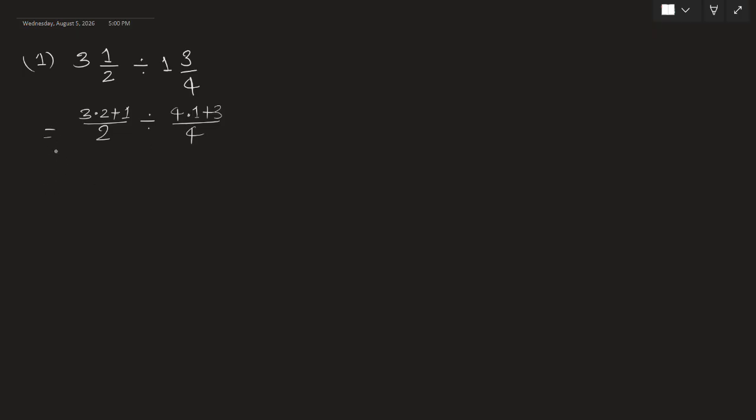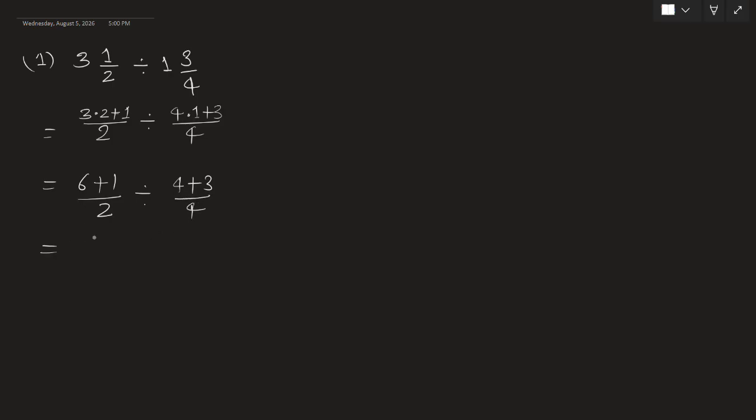So let's solve it. 3 times 2 gives us 6, plus 1, over 2, divided by 4 times 1 gives us 4, plus 3, over 4.